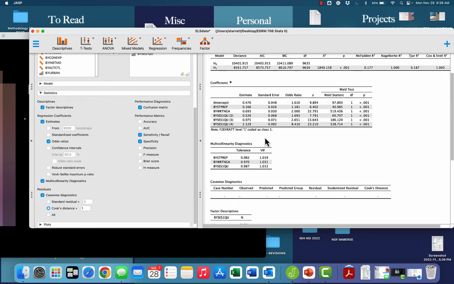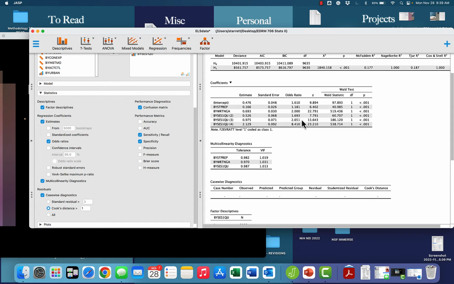All right, and then let's look at our SES quartile. SES quartile in the data is numbered 1, 2, 3, and 4. And so the 2, 3, and 4 are in comparison to 1, okay? We see that students in quartile 2 have 1.69 greater odds of enrolling post-secondary compared to students in the first quartile.